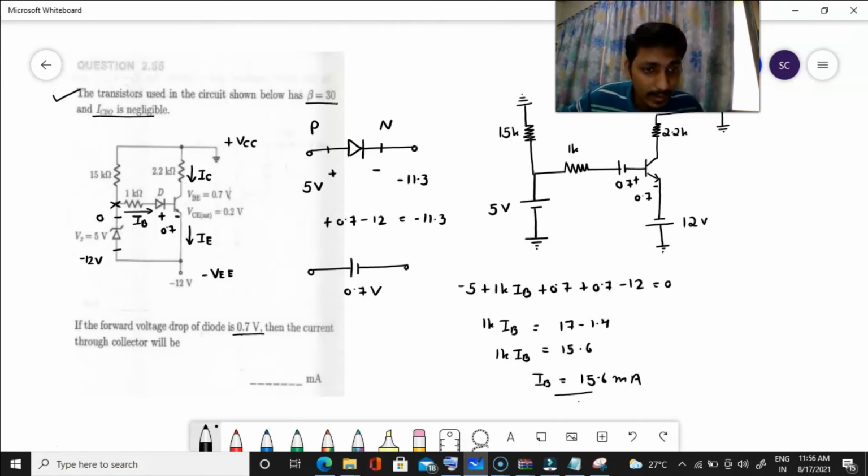As you can see, the emitter voltage is minus 12 volts, the base voltage is minus 11.3, and the collector voltage, if we solve, is 0 minus 2.2k into IC, 2.2k into 15.6, which comes out to be 34.32.